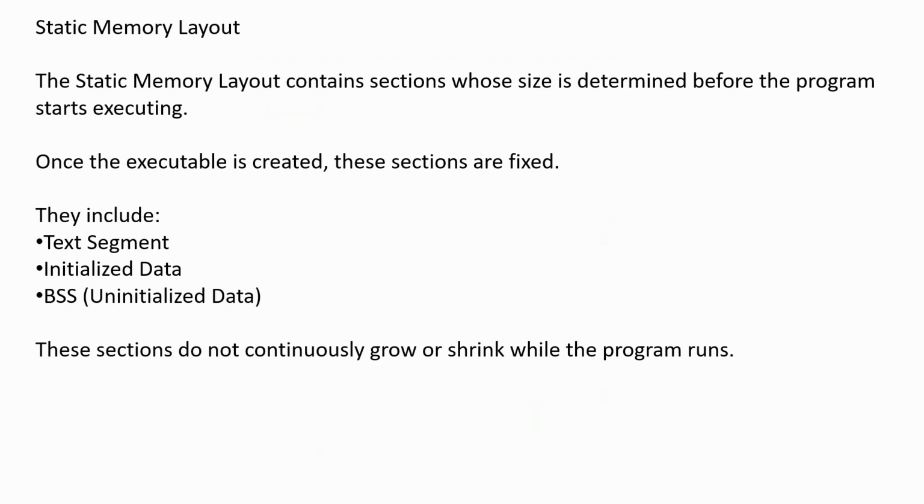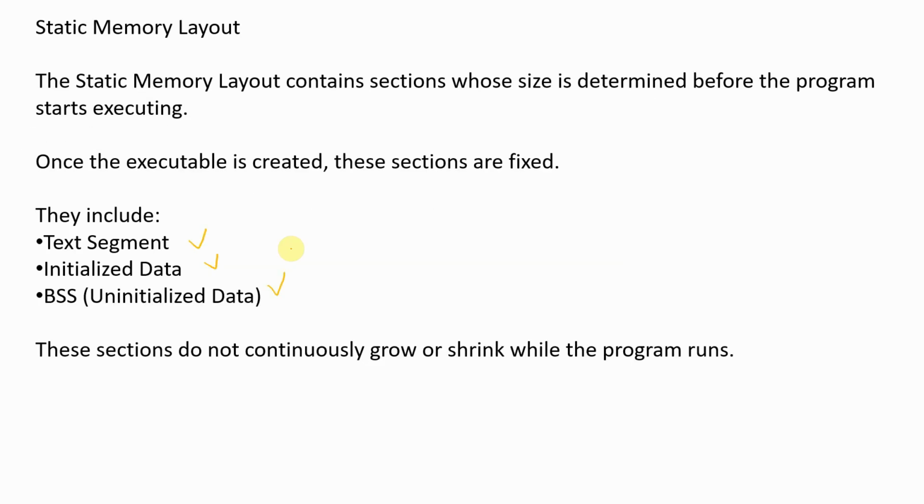Variables whose size we do not change during the execution of the program are stored in the static memory layout. This layout contains the text segment, initialized data, BSS and uninitialized data. These sections are not going to continuously grow or shrink while the program runs.